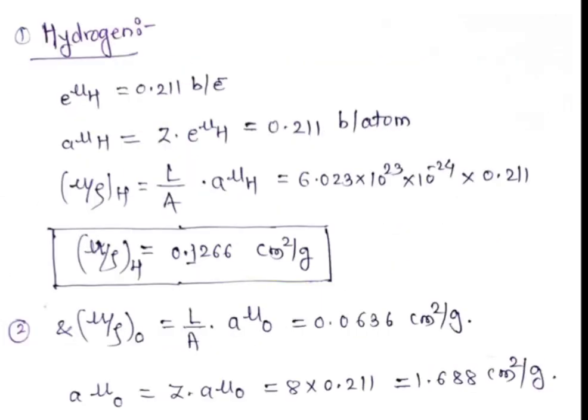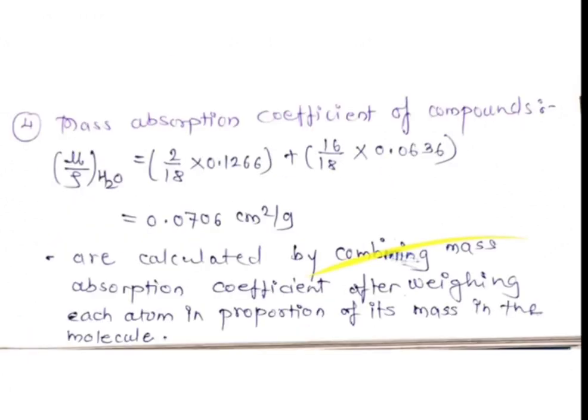The mu by rho for hydrogen, which we have calculated, is 0.1266, and the mu by rho for oxygen is 0.0636. So these values are written here, and since it is the mass absorption coefficient, a ratio is taken here.